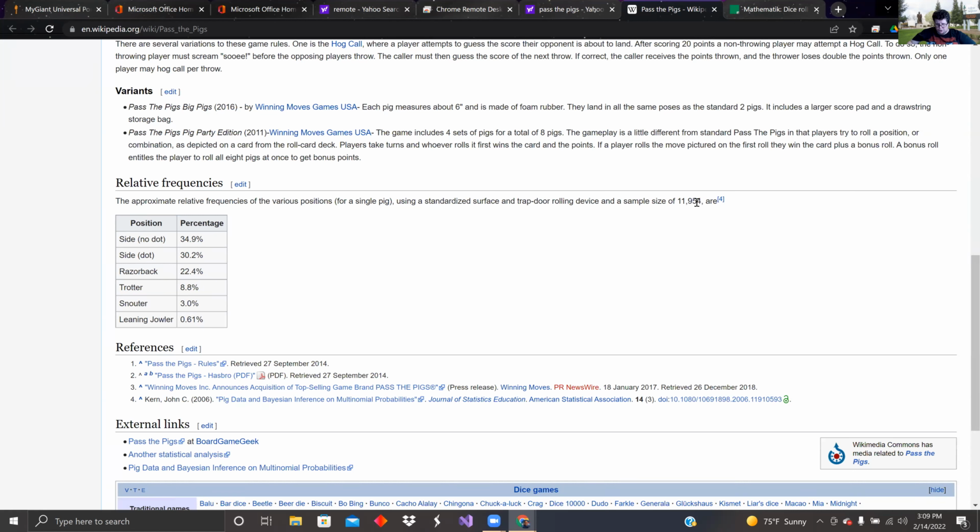But someone went through, and I'm sure they did it with students to get more people to do it, through experimentation. I'm going to write these values down. So through experimentation, the number of trials, it says, is 11,954.